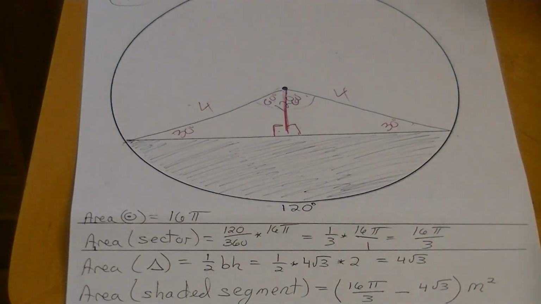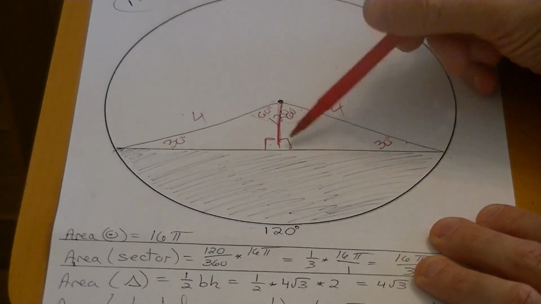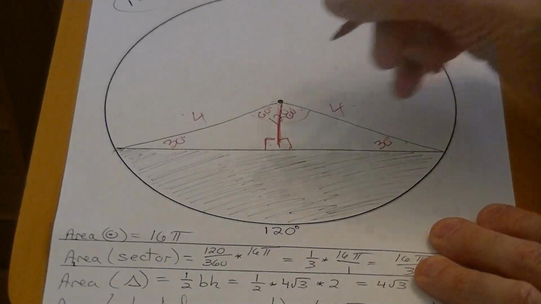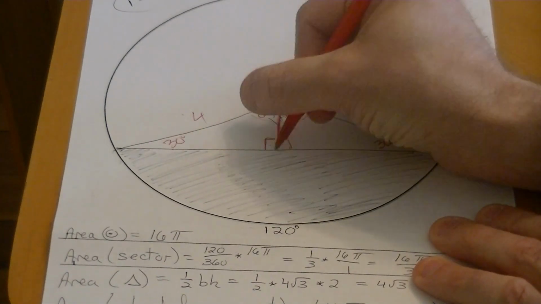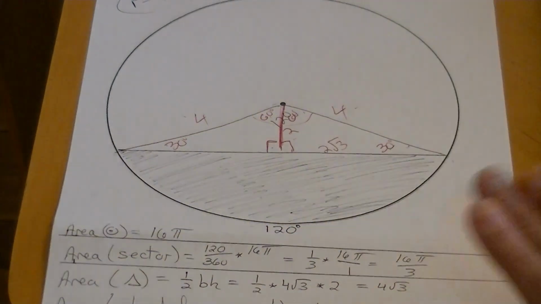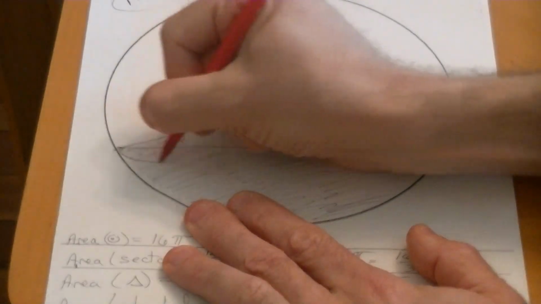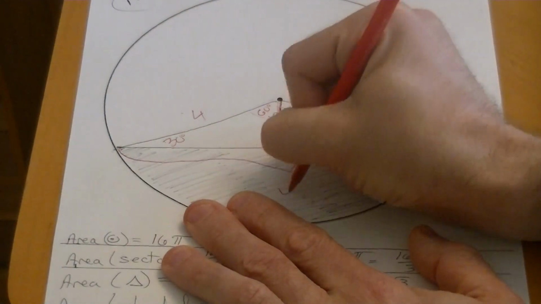Special right triangles. If only somebody said how important these would be. 30, 60, 90, hypotenuse 4, short leg 2. Short leg 2, long leg is 2 root 3. And if that's 2 root 3 and that's 2 root 3, that's 4 root 3.